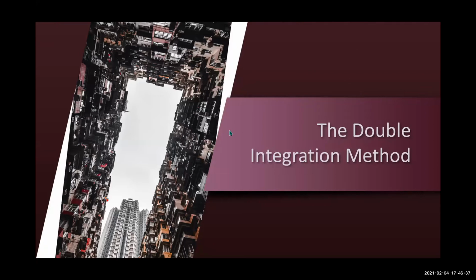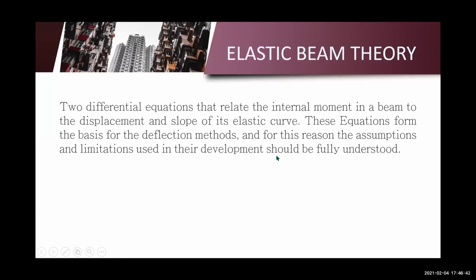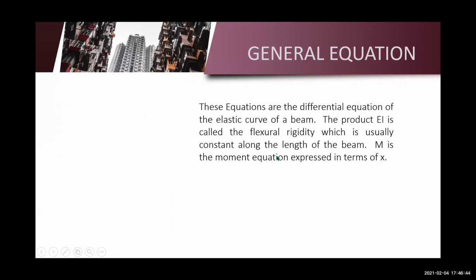Okay, so for the double integration method, the derivation is already on the BB, please just check it. So I will go directly to the general equation. For the double integration method, your slope, theta, is equal to the integral of the moment over EI dx, wherein EI is what we call your flexural rigidity, which is usually constant along the length of the beam.